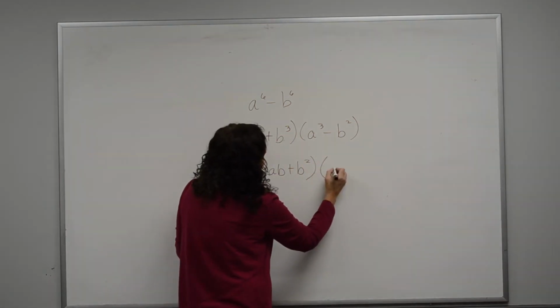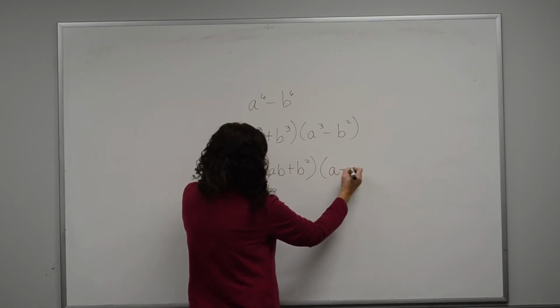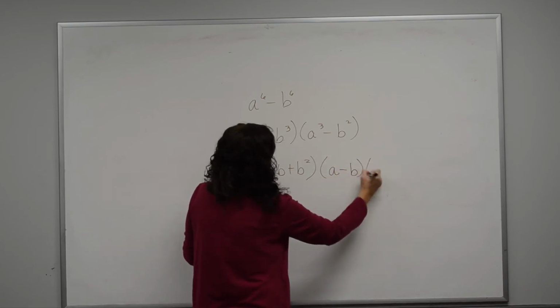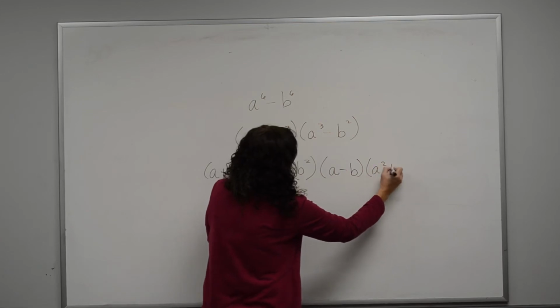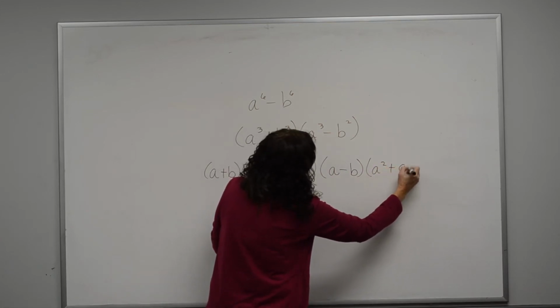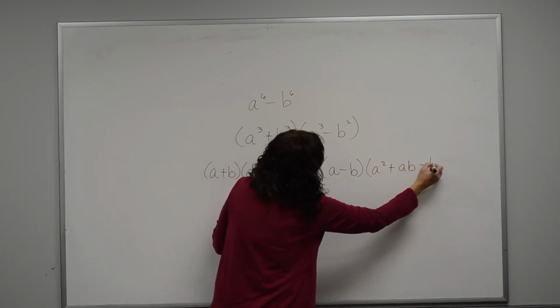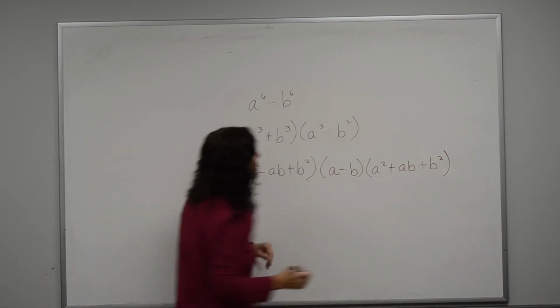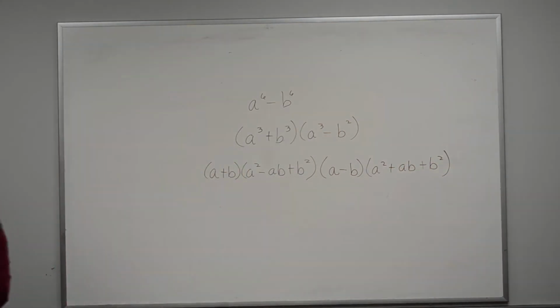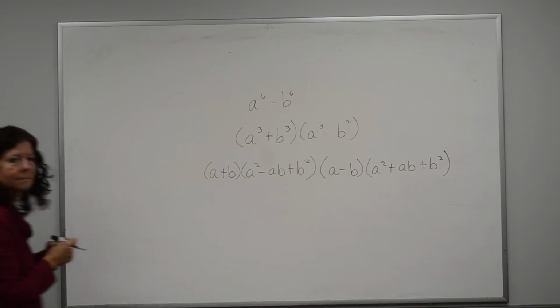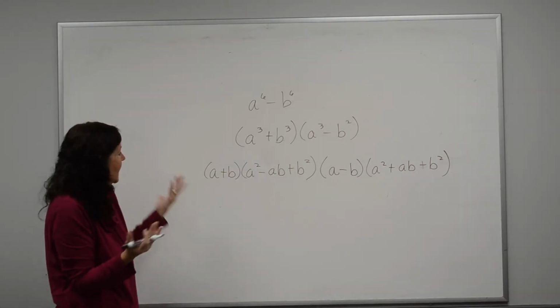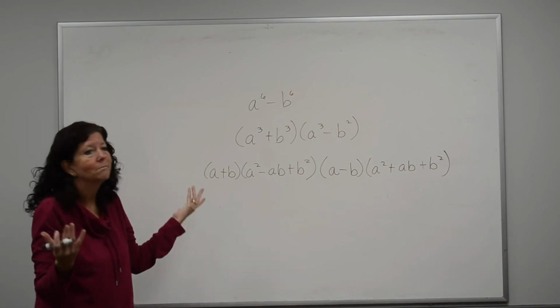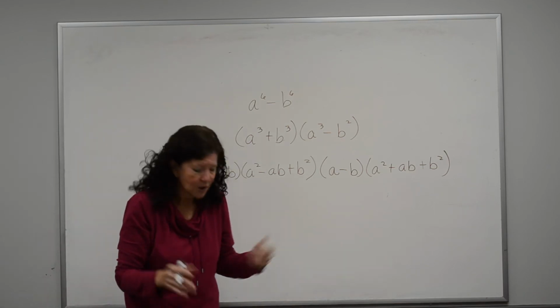This one is a minus b times a squared plus ab plus b squared. Oops, and not minus b squared. Okay? Does that make sense? Anything else I can do? No? Okay, that's as far as I can go.